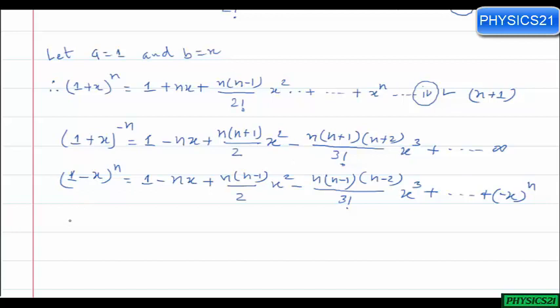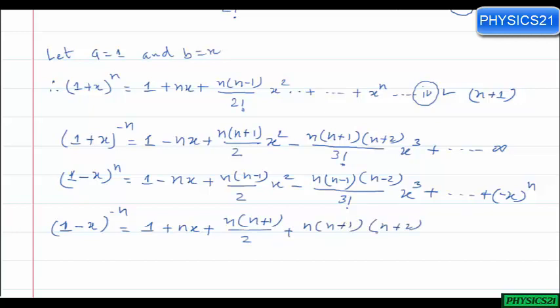Now another case, if there is 1 minus x raised to power minus n, it is 1 plus nx plus n(n plus 1) divided by 2 x squared plus n(n plus 1)(n plus 2) divided by factorial 3 x cube, and in this situation the last term will also be infinite. So these are some special cases of the binomial theorem.